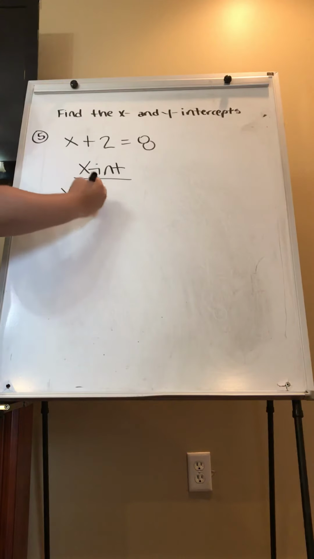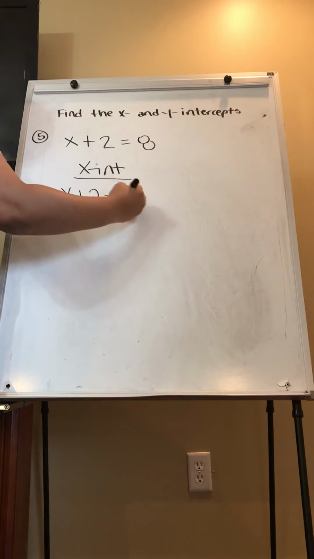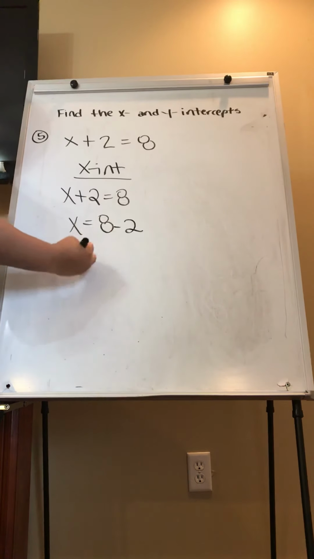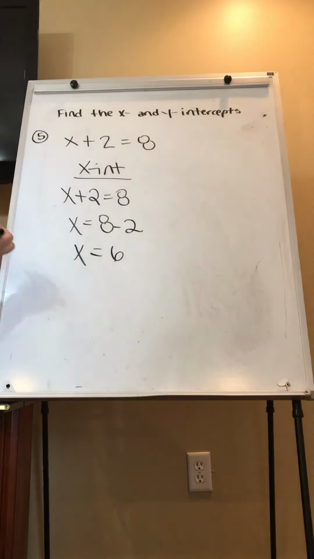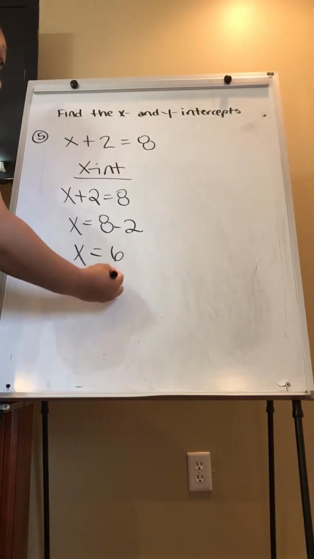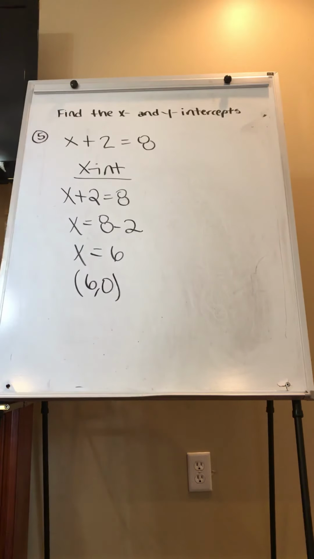I'm just going to solve for x. So I'm going to subtract 2 from 8, and I get 6. So this is going to cross the x-axis at 6. This would be (6, 0) as my ordered pair.